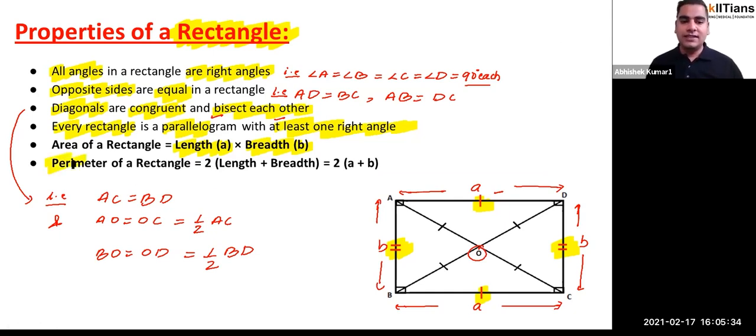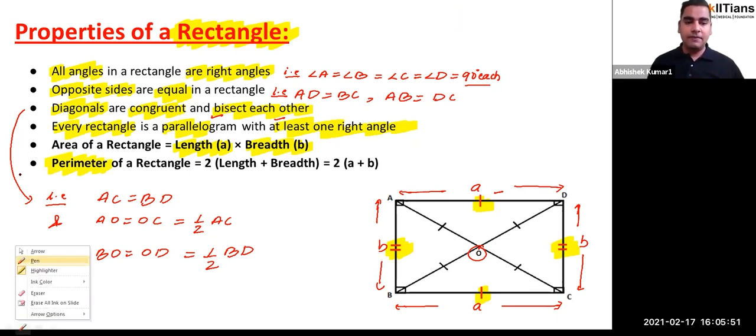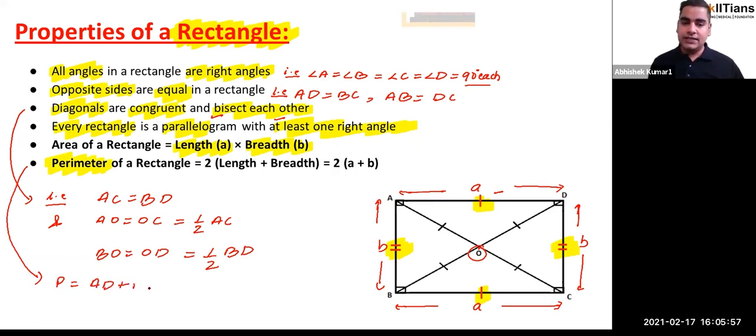We all know what is the meaning of perimeter. Whenever we are talking about perimeter, that means we are talking about the sum of the lengths of all the boundaries of the rectangle. So if you talk about the perimeter of this rectangle, which you can see on your screen, then perimeter means you have to add all the four sides. You will be getting AD plus DC plus CB plus BA.